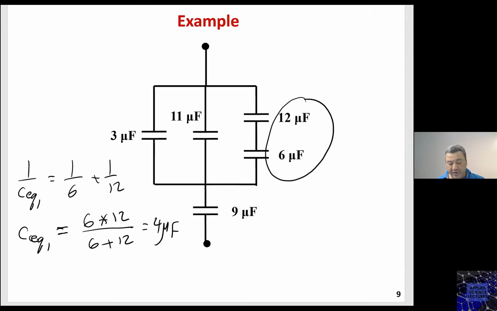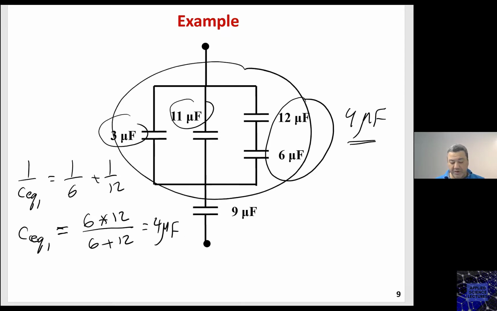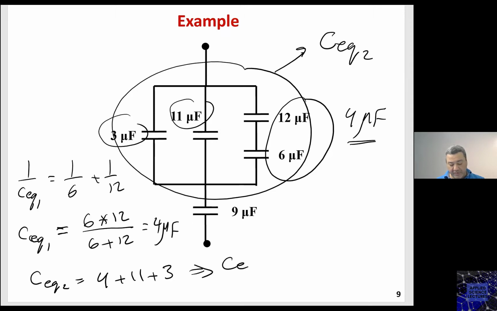This 4 microfarads is then connected in parallel with the 11 and with the 3, so we have a total of 18. So C equivalent 2 is 4 plus 11 plus 3, and C equivalent 2 is 18 microfarads.